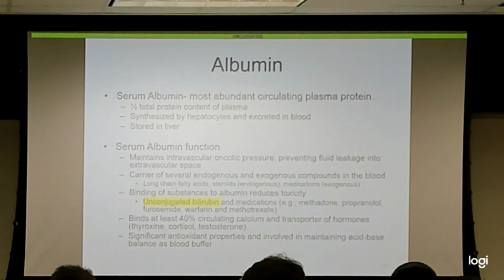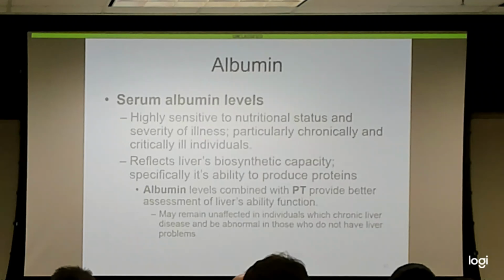Medications, your methadone, propranolol, furosemide, warfarin, methotrexate, those all get bound to albumin. And then it binds 40% of circulating calcium, is a transporter of hormones, your thyroxine, cortisol, testosterone, has significant antioxidant properties, and is involved in maintaining acid-base balance and blood level.